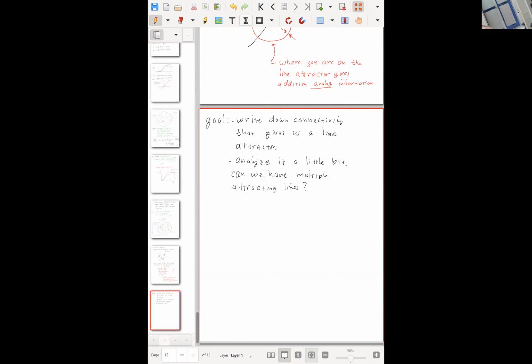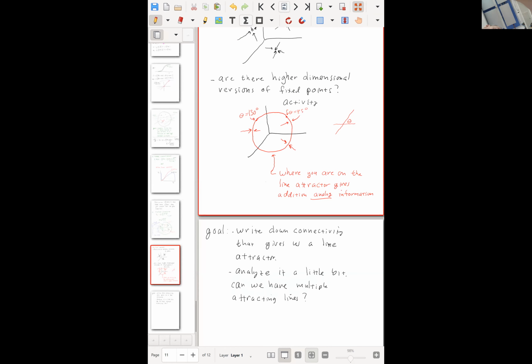So instead of having a single line, we might want to have one line, and then another line somewhere else. I'll just draw it over here. If you go close to this one, we're attracted to this line attractor. And that would be nice because we want to remember more than one thing. Maybe two different lines, or this could be the color of something, which is an analog variable.